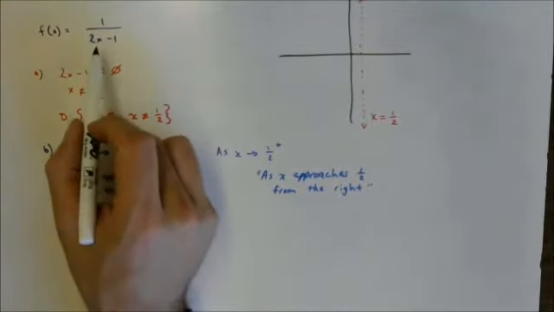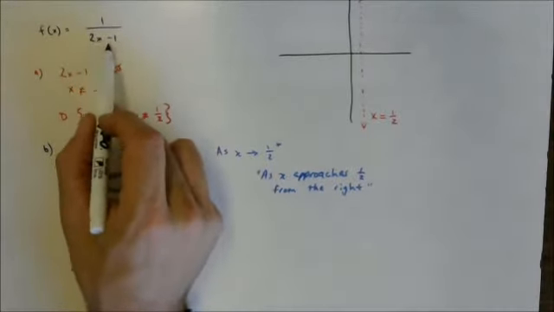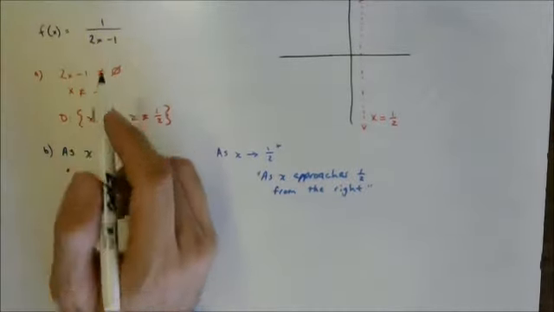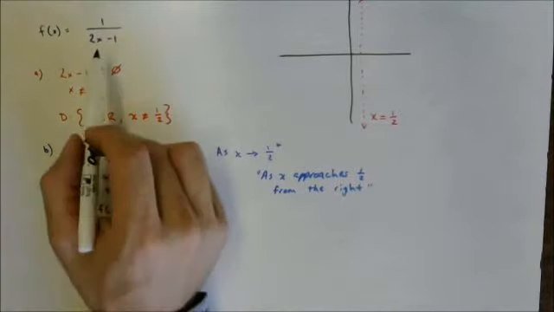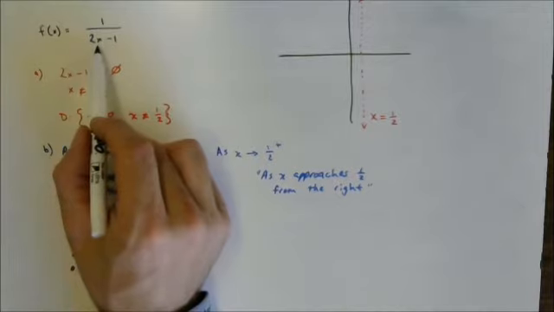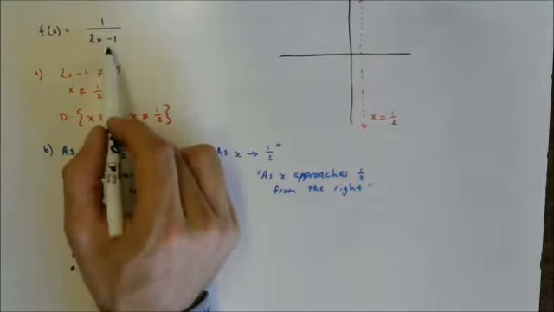So if we plug in 0 for x, we get 1 over 0 minus 1. That's 1 over -1. That's -1. Okay, if we plug in 0.4, you get 2 times 0.4, which is 0.8. You subtract 1 from that, you get -0.2. 1 over 0.2 is 5.